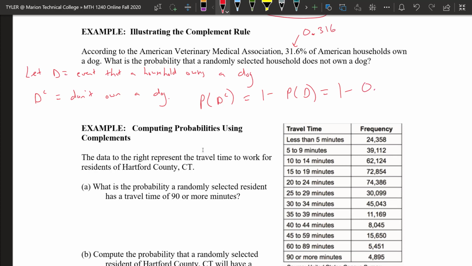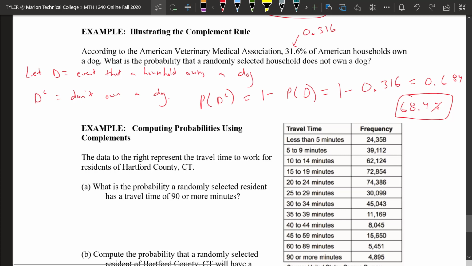So I would just take 1 minus 0.316, which equals 0.684, which if you want to show that as a percent would be 68.4%. So the probability of an American household not owning a dog would be 68.4%.